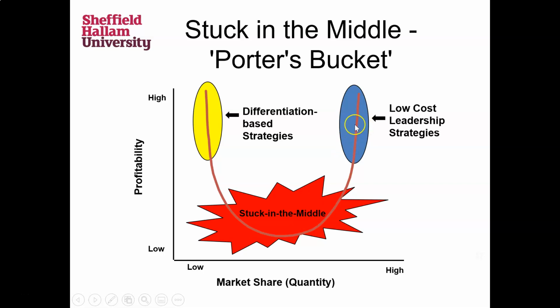So what happens is that they have a low market share because there are some people who want low cost and high market volumes, and then you've got differentiation based organisations like Boutique who want a low market share but charge a high price for high profitability, or Equinox who charge a high price for high profitability but have got a low market share because only a few people can afford the £200 a month fee which they charge, or the 2,000 Hong Kong dollars a month fee which they charge.